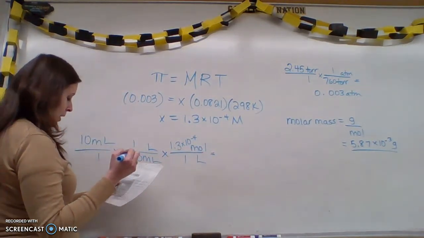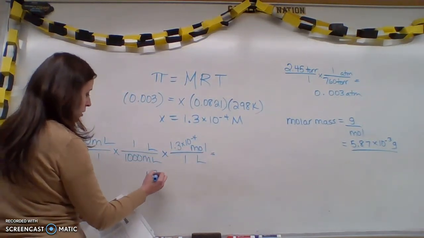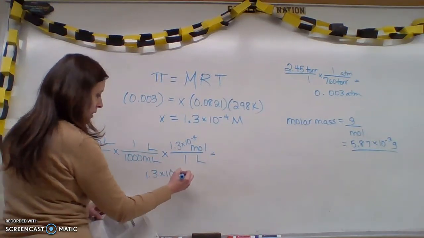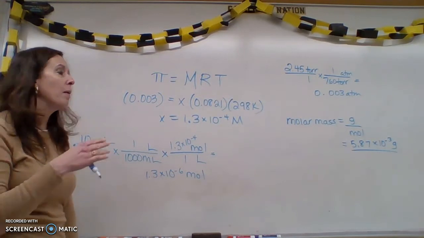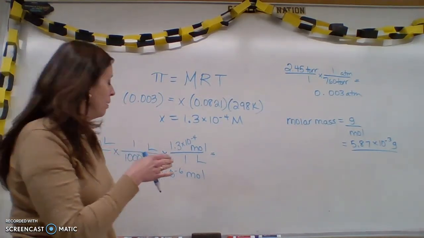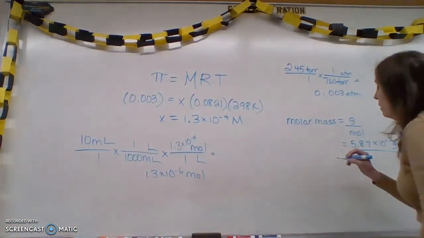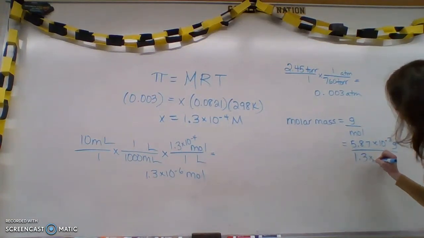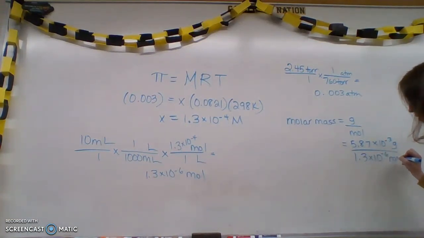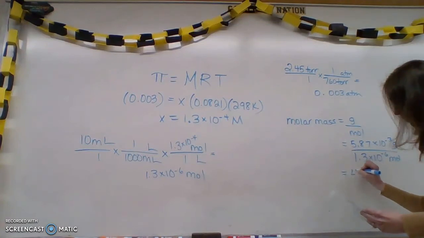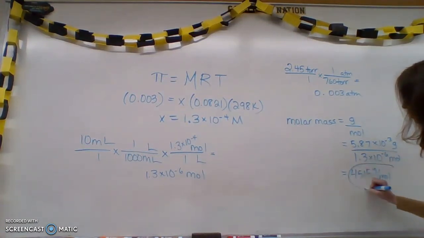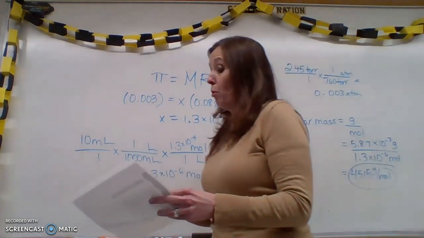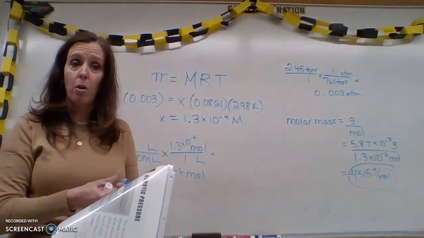When I put all of that in my calculator, I have 1.3 times 10 to the negative 6 moles. I need that for my molar mass because molar mass is grams over moles. So I'm going to take that number, put it in there, and you kind of get a big molar mass. But, you know, it said it was a protein, so maybe it's a biggie protein.